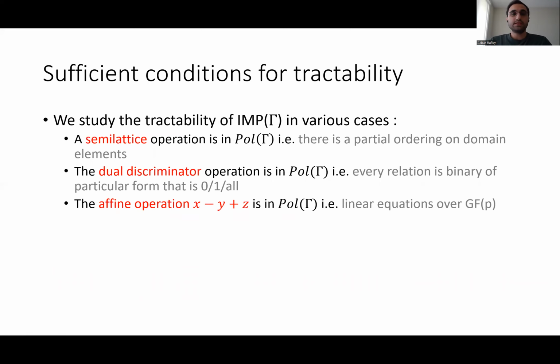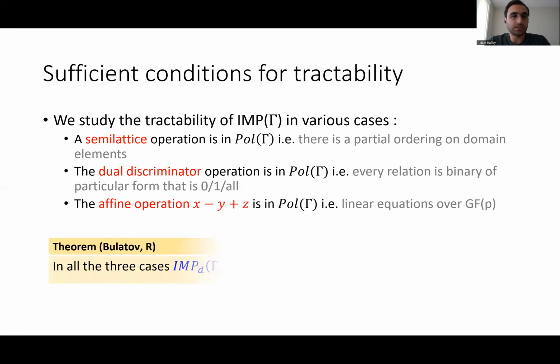Given this, we show that if we have a semi-lattice polymorphism over a domain, then the corresponding IMP for any language generated using that semi-lattice polymorphism is going to be polynomial. The semi-lattice polymorphism intuitively means there is a partial ordering on the domain. This also holds if we have a dual discriminator polymorphism, which says your constraint language coming from this polymorphism has to be binary, and it has particularly nice properties.